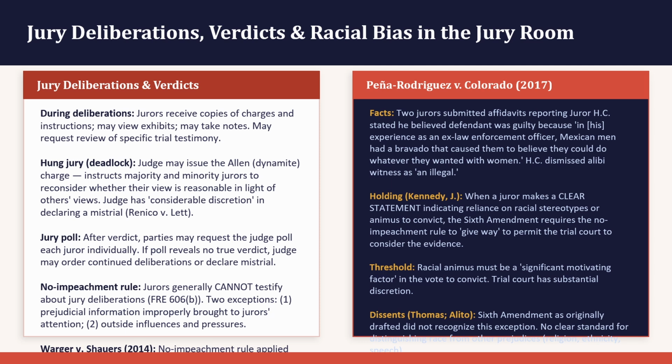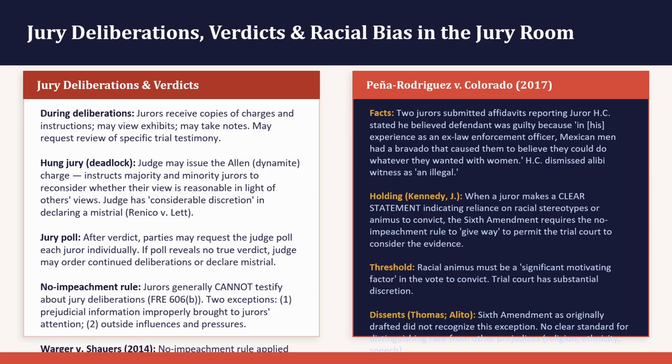Jury deliberations are the most private phase of the criminal justice process, and the law has constructed strong protections around them while also recognizing specific exceptions where transparency is necessary. During deliberations, jurors receive copies of charges and instructions, may review exhibits, and in most jurisdictions may request to review specific testimony.